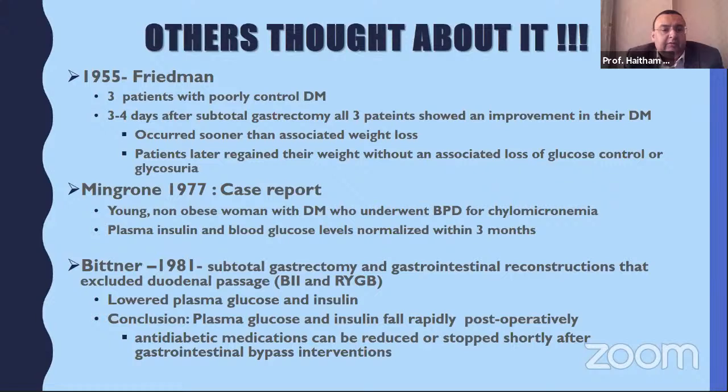In 1977, Mingrone published a case report about a young non-obese patient with diabetes who had a biliopancreatic diversion for chylomicronemia, and her plasma insulin levels were better and glucose levels were normalized within 3 months. Bittner in 1981 said that subtotal gastrectomy and gastrointestinal reconstructions, whether Roux-en-Y or Billroth 2, lead to lowering of plasma glucose and insulin.